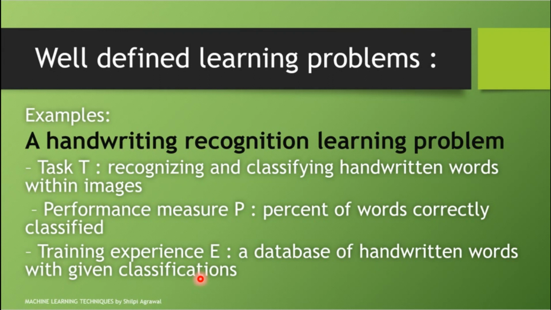You have to give some training to that particular machine. Now the machine can perform according to that training experience. The performance measure is the percentage of words the machine correctly classified. So this is a well-defined learning problem.